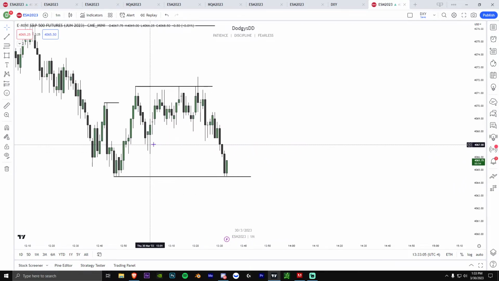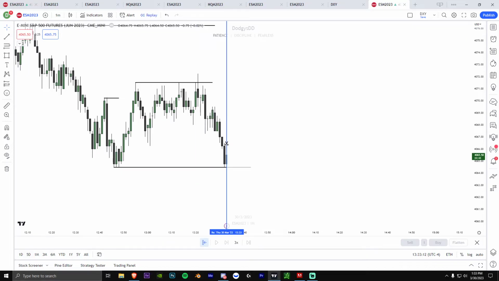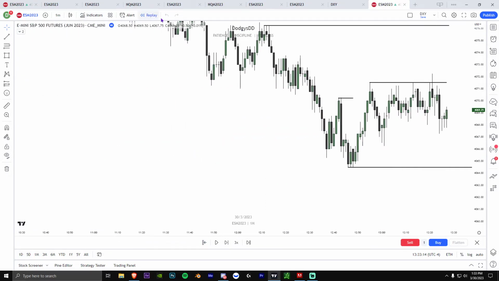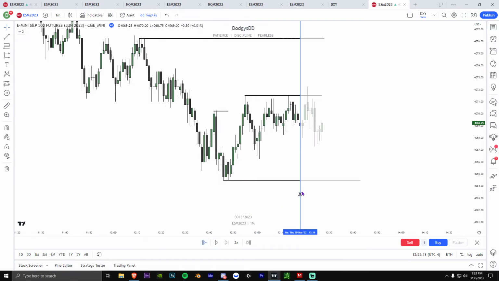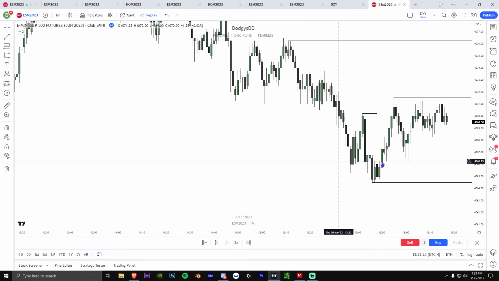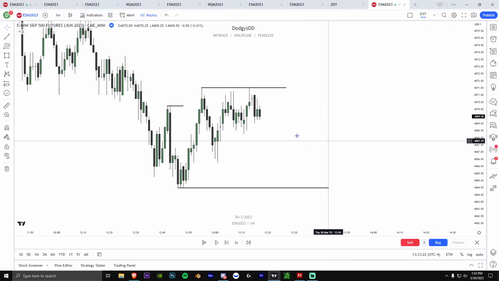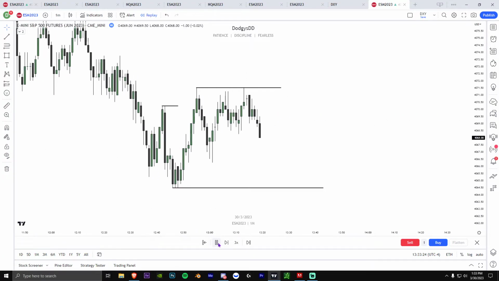So right here, if we go in the replay mode, and I go in the replay mode 1 second, right here there's equal highs and equal lows. So what do I do? I just wait till one gets swept, and then I target the other one. And it has to be an entry.